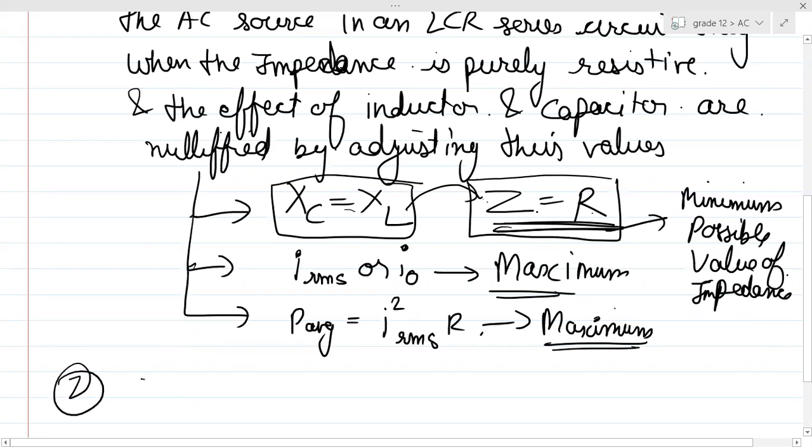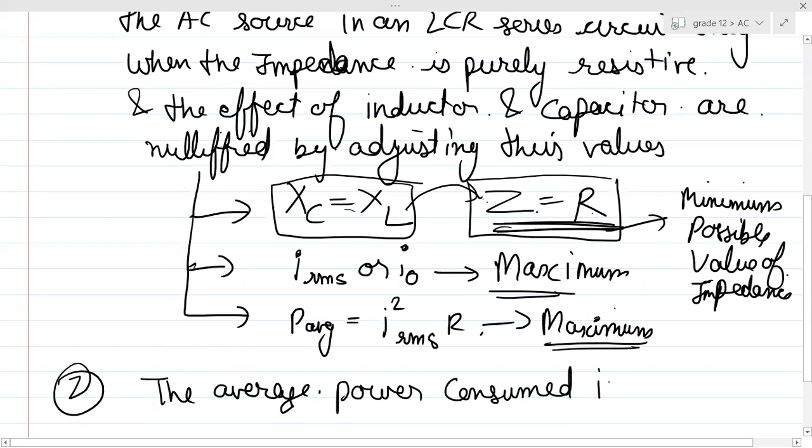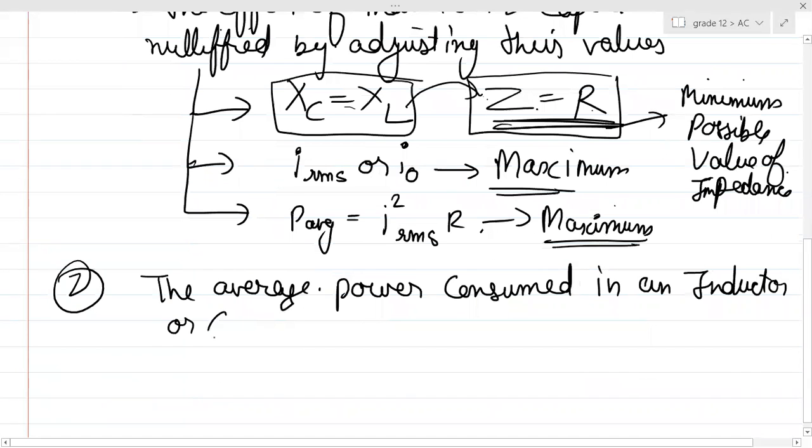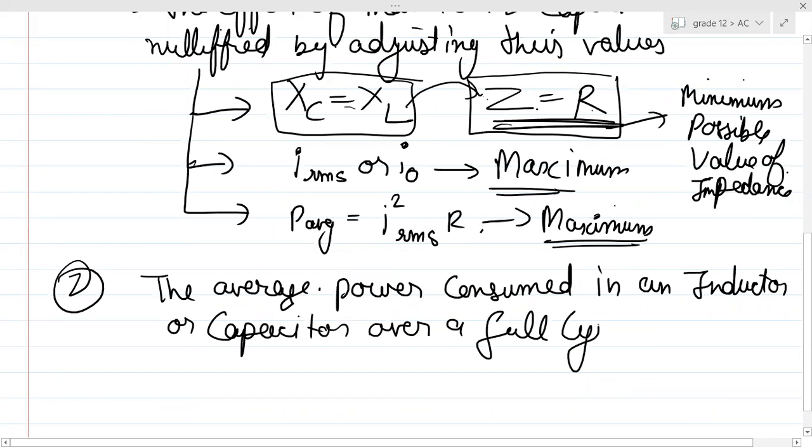So this is one point. You can write the second point. The average power consumed in an inductor or a capacitor over a full cycle is how much?